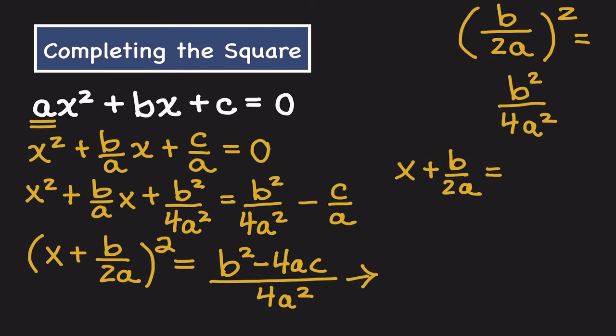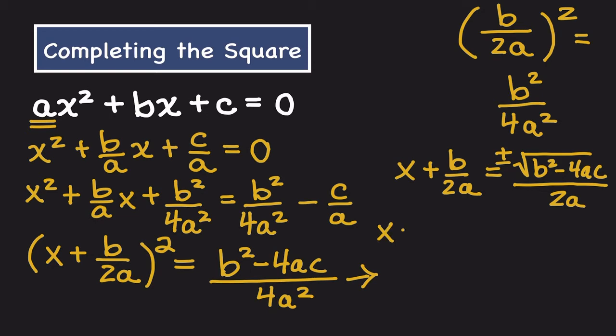Now the top, I can't simplify that under a square root. I'm going to leave that as the square root of b squared minus 4ac. But notice the bottom of this fraction, the 4a squared, that is a perfect square. That is 2a times 2a. So we're going to have a 2a right here. And remember, this is plus or minus. We have to have the positive or the negative possibility.